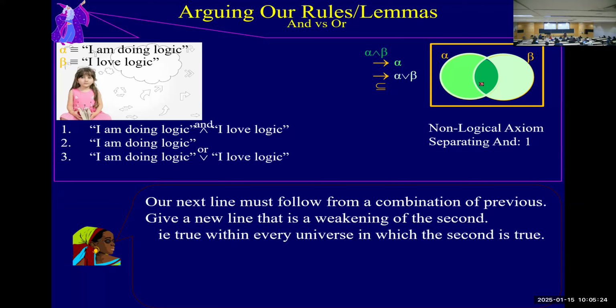And the answer is that we have rules that just take the previous line and weaken it, while most of the rules take two things and, from the end of the two things, construct something that's weaker than the end of the two things, but stronger than any of them individually, right?